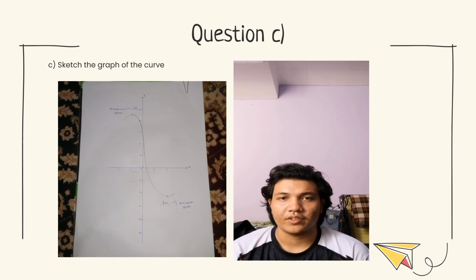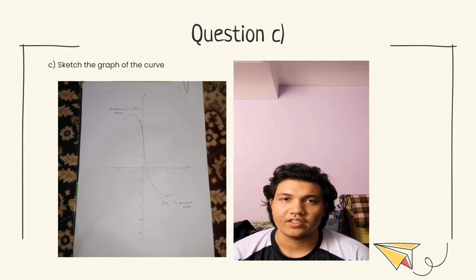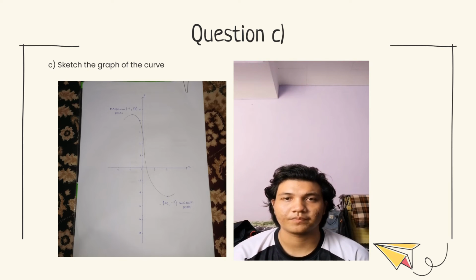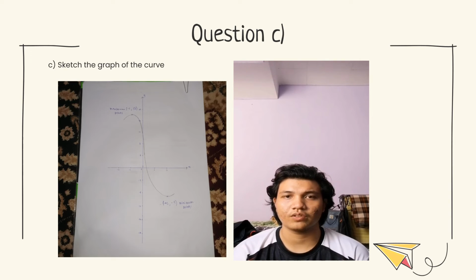Okay, the next step is we must sketch the graph. I will show you and teach you how to sketch the graph step by step. Firstly, we draw a graph with the y axis and x axis, and then label the y axis and x axis.